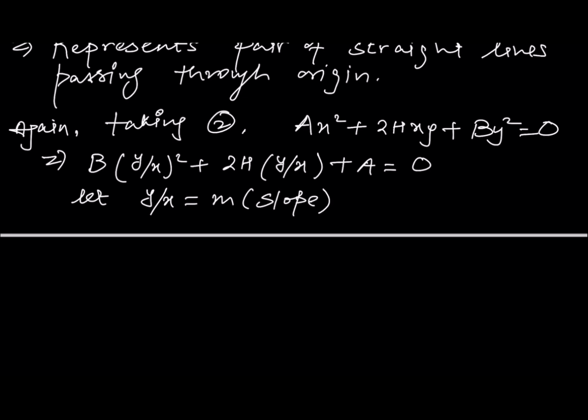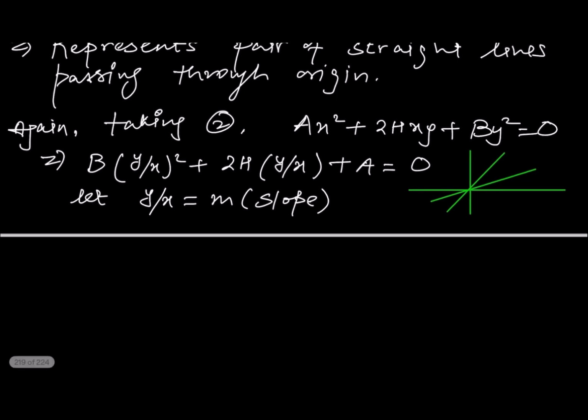Okay, now I know what it means. This homogeneous equation of second degree represents a pair of straight lines passing through the origin. So let's say this is the pair. Let x comma y be any general point on any one of the pair given, and this is the origin 0 comma 0.